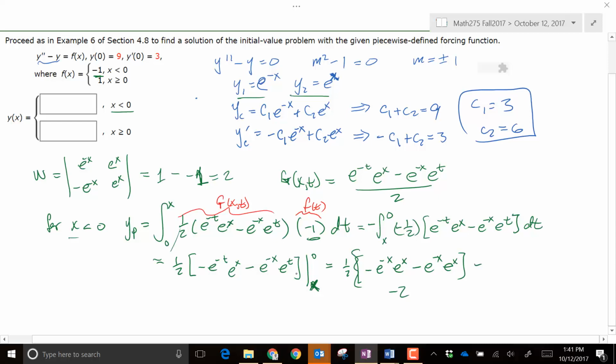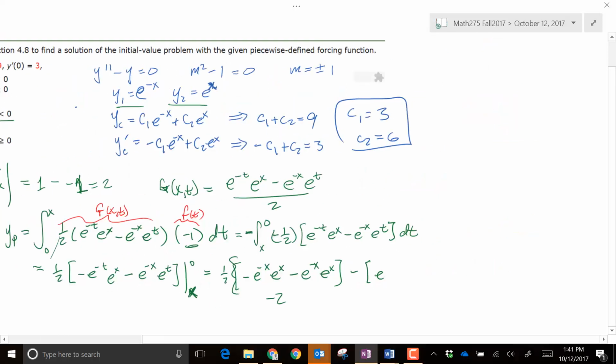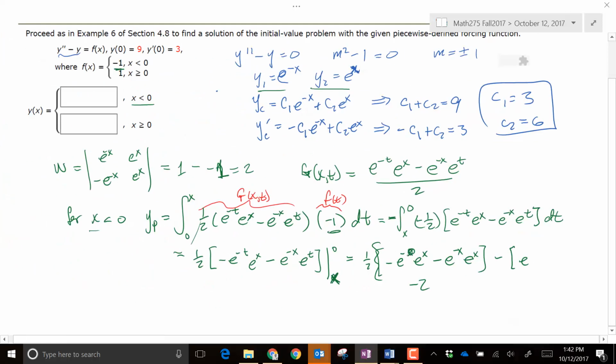And then we have to put 0, our top limit, in for t. I switched these two, so when I switch them, I throw a negative sign out of the integral. The top goes first.